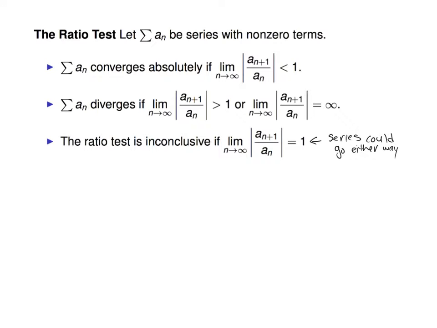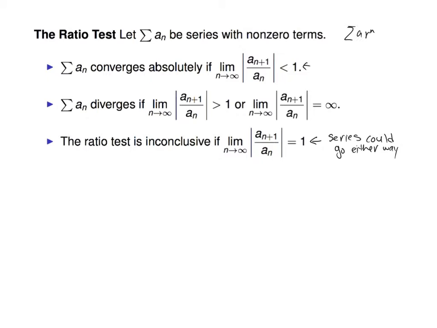With geometric, when you had the sum a r to the n, as soon as your r was bigger than 1, your series diverged. When it was less than 1, it converged, right? The way you prove this is you do a comparison with a geometric series. So these things are kind of like geometric ratios in some sense.